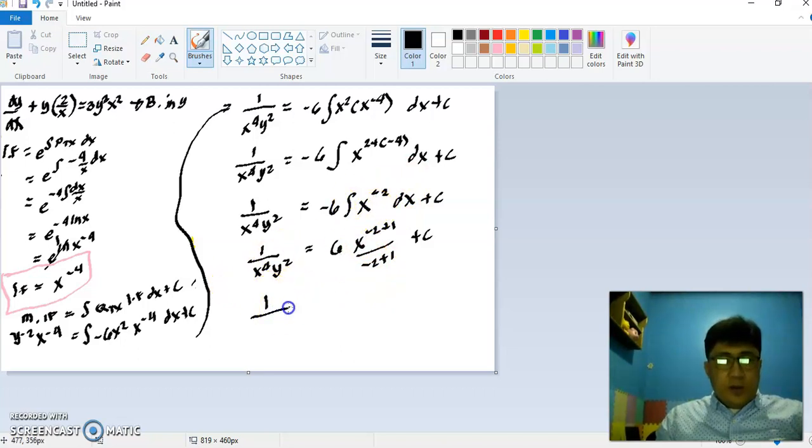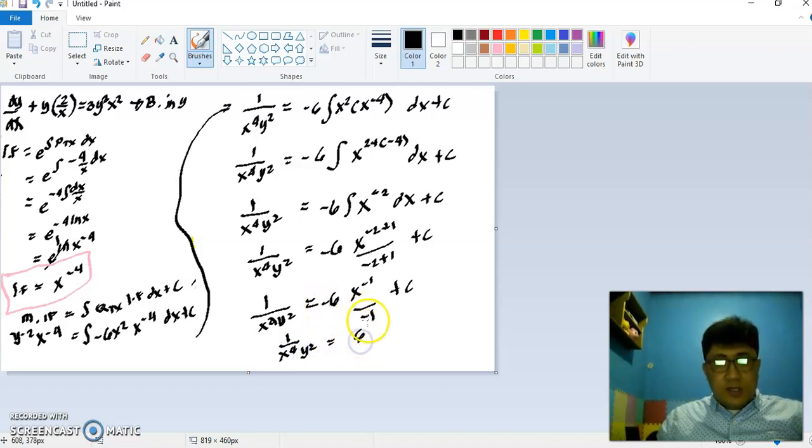So we have 1 over x raised to the power of 4 y squared equals 6 x raised to negative 1 over negative 1 plus c. So negative negative becomes positive.